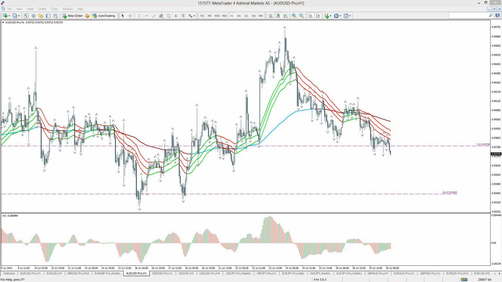But I like 21 and 89 also. Or if you want to look at a volatility kind of difference, you can use 21 plus 34.